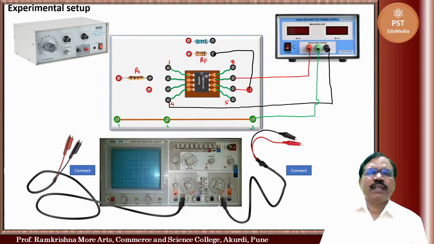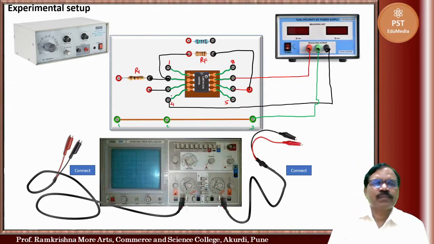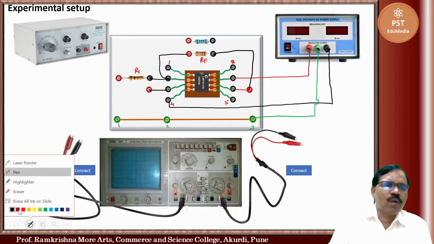Now the second terminal of RF is connected to pin number 2. Pin number 2 will be connected to R1. Pin number 3 we will connect here. So this is now feedback. Now we have to connect pin number 3 to ground.